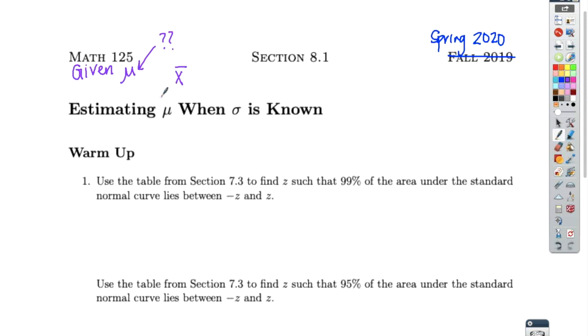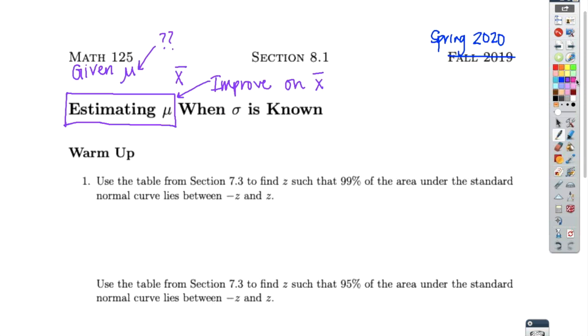We won't be given the population mean most of the time, but we'll use this X bar, our sample mean, to estimate the population mean. And so our goal in this, pretty much this entire chapter, is to estimate the population mean, and we're going to hopefully improve on that idea of just using the sample mean, which is what we've been using up until now.